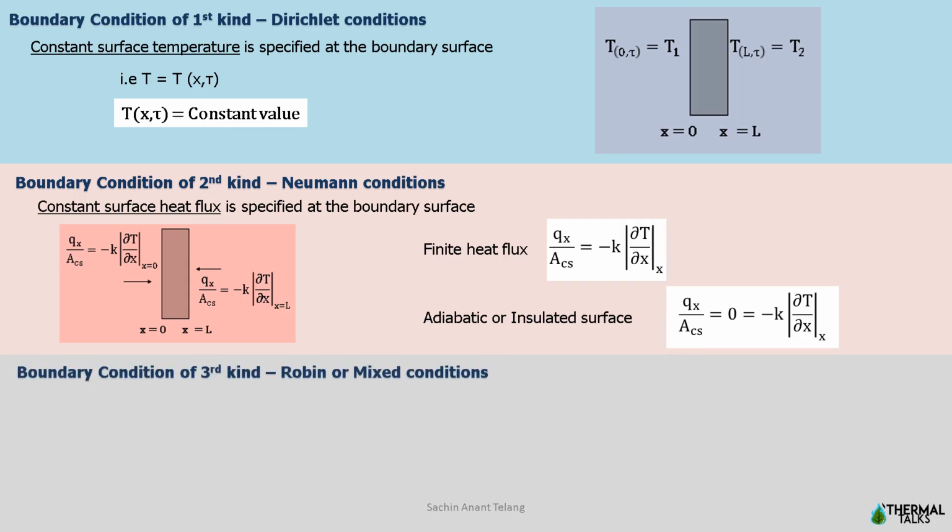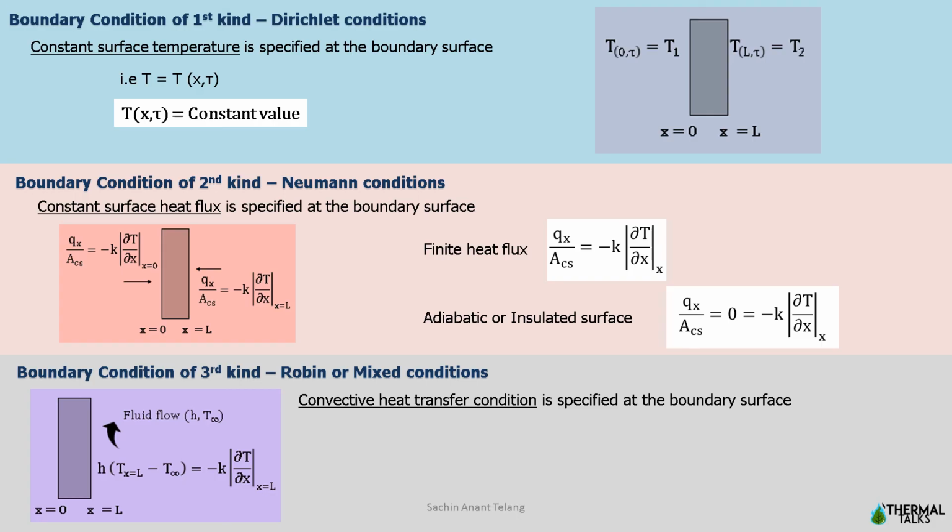And the third one is the Robin or mixed condition, wherein a convective heat transfer coefficient or convective heat transfer condition is specified at the boundary, which means the value of h is specified for the fluid and surface interaction. So as we can see here, when we have a value of temperature, a value of heat flux, or a convective heat transfer coefficient, we will be able to solve heat conduction problems or heat transfer problems for that matter.